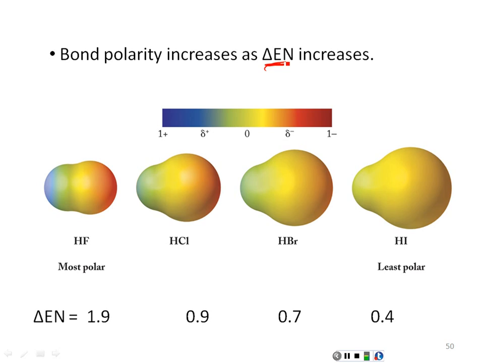Now, when we look at group 7A, the halogens, when they form bonds with hydrogen, fluorine is the most electronegative element. When it forms a bond with hydrogen, the change in electronegativity between hydrogen and fluorine is 1.9.